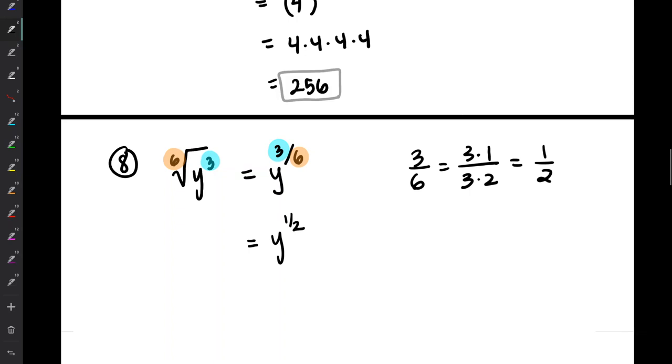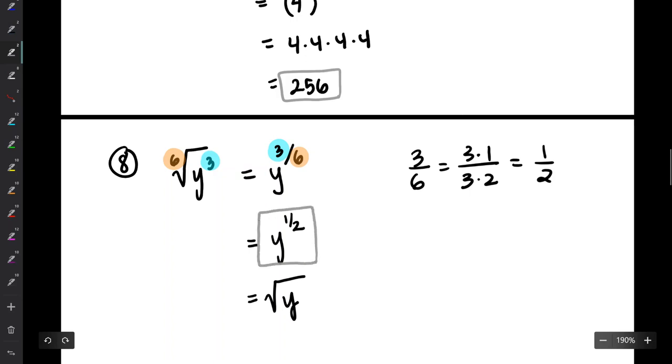Now, if you went ahead and wrote y to the 1/2 power on a test as square root of y, that would be great. But let's go ahead and read the directions, because your calculator, or the computer, wants it to be expressed in fractional exponents, and don't stress because you have unlimited tries. So this is okay.